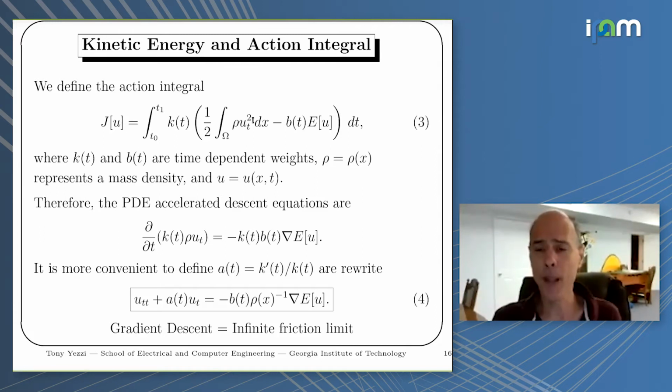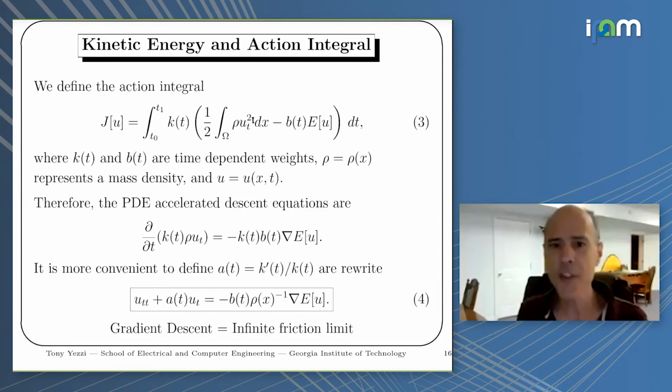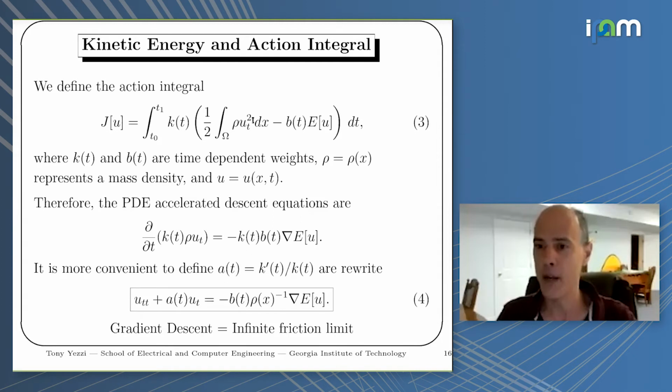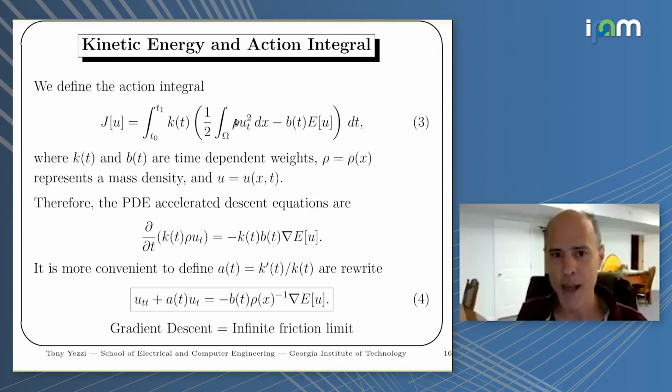And in the infinite dimensional case, we could think of it as an infinite dimensional particle with unit mass, or we could more generally think of mass distributed along the domain of the function. And so we give it a density. There's a mass density that multiplies the local time derivative, and then we integrate that over the function domain. So that becomes our general notion of kinetic energy here.